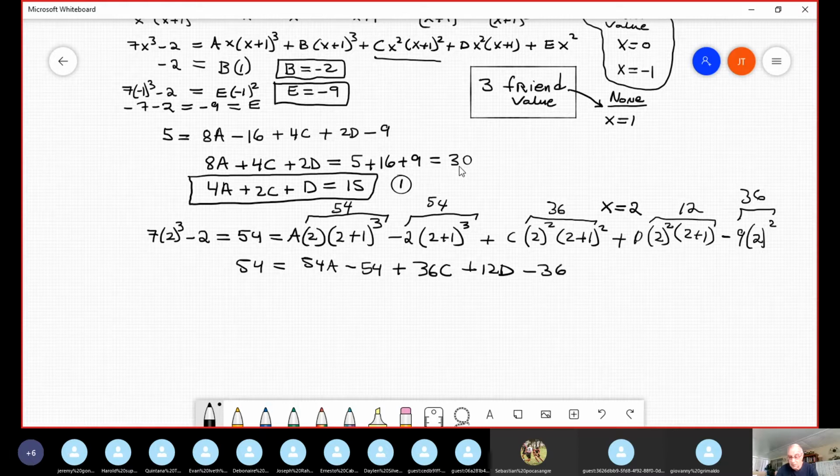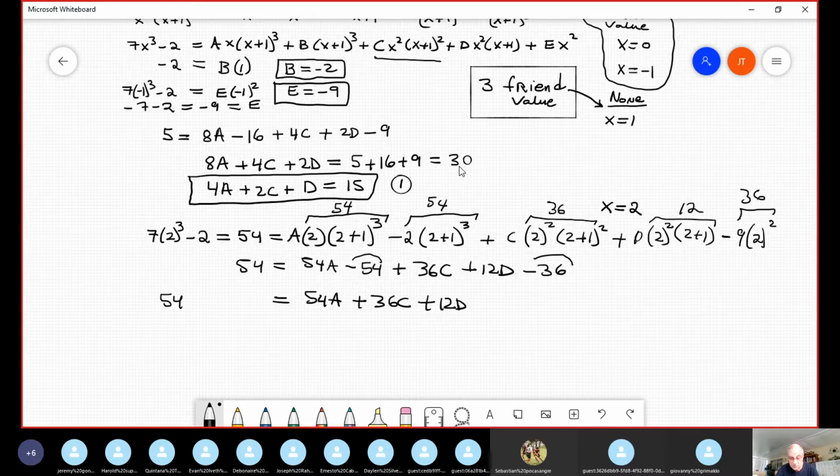Well, okay. So I can manipulate a little bit. This is 54A, and in this order, 54A plus 36C plus 12D. On the right hand side we have 54. You have negative 54, negative 36.